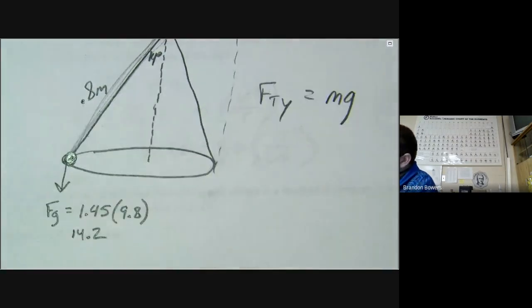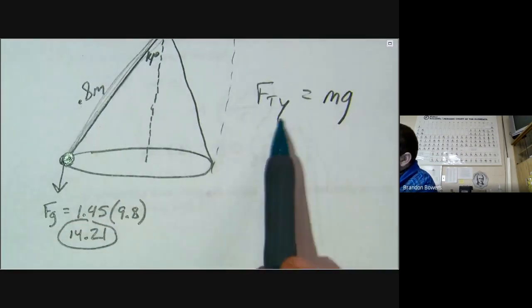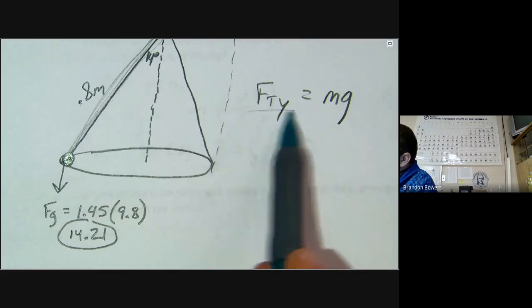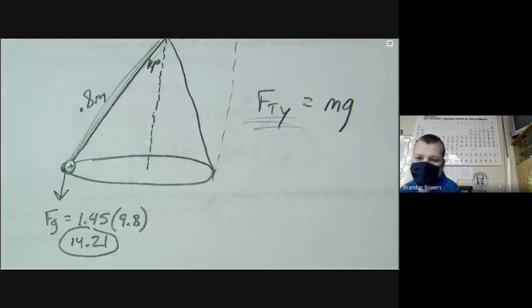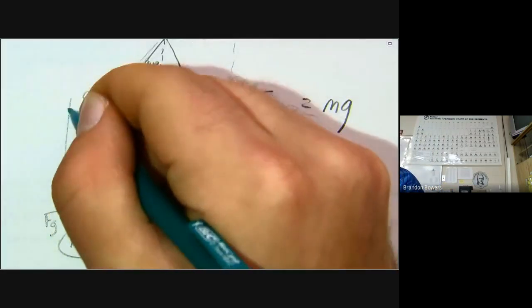Now, one thing you know now is mass times gravity. We just solved force of tension in the y direction, right? We just solved force of tension. So I'm going to draw this going up.